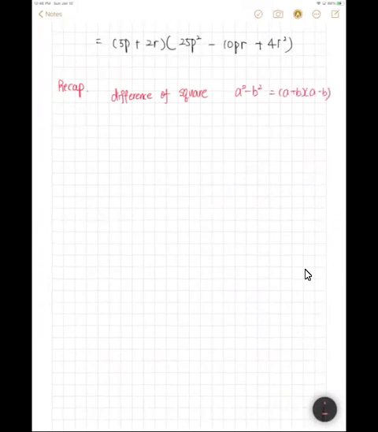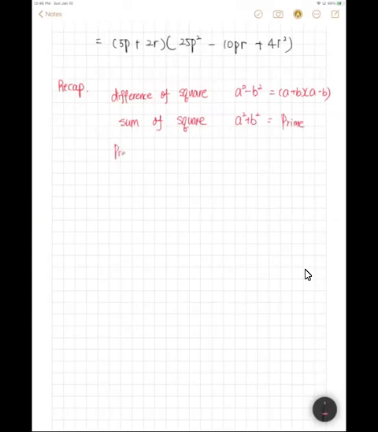And then let me write this down for you as well. If we have the sum of squares, what happened is this becomes prime, so that means it cannot be factored.